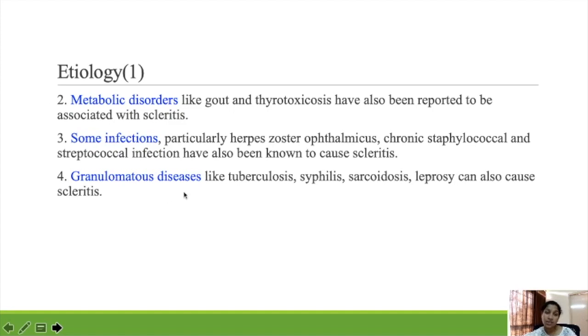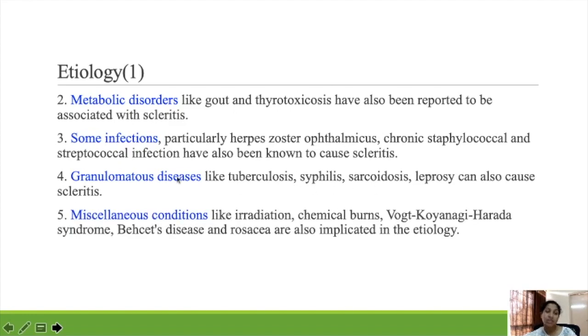Granulomatous diseases like tuberculosis, syphilis, sarcoidosis, and leprosy can also lead to scleritis secondarily. Miscellaneous conditions like radiation, chemical burns, and syndromes like Vogt-Koyanagi-Harada syndrome, Behçet's disease, and rosacea are also implicated in the etiology.